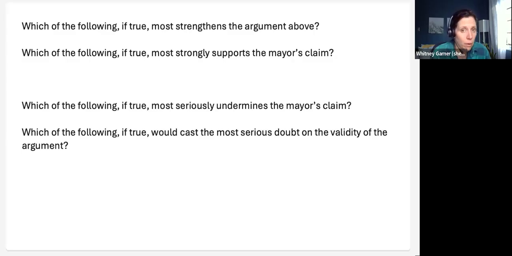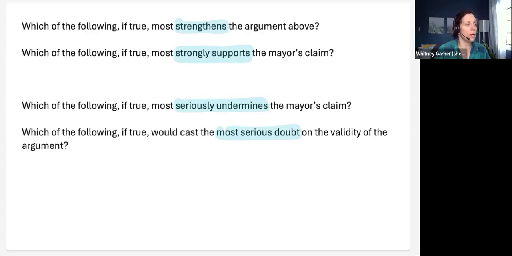The language of a weaken problem. So language like strengthens and strongly supports are often the language of strengthen. Undermines, casts most doubt, often the language of a weaken problem.